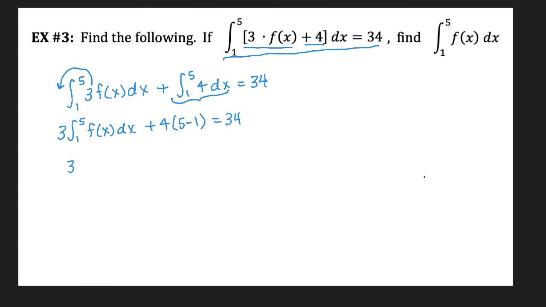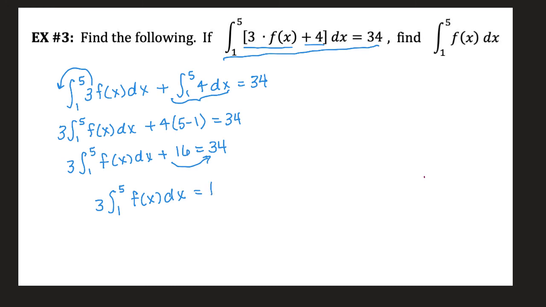So we're going to have 3 times the integral from 1 to 5 of f of x dx plus 16 equals 34. So I'm going to subtract 16 over. So I have 3 times the integral from 1 to 5 of f of x dx.